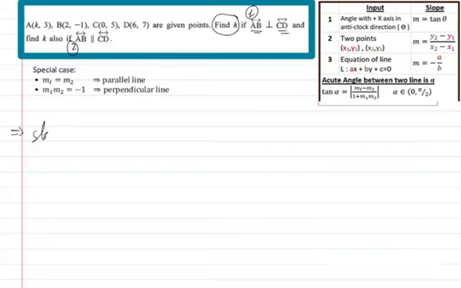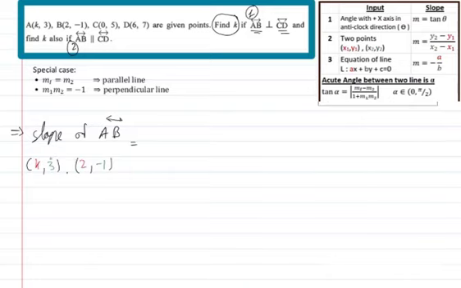First of all, let's find the slope of line AB, and as we know, for that we have to collect the coordinates of A and B, which are (k, 3) and (2, -1). So we are going to use the second formula of the slope, in which we take the difference of y upon the difference of x.